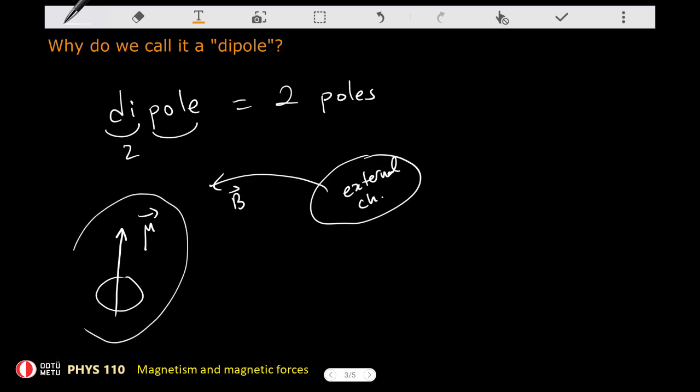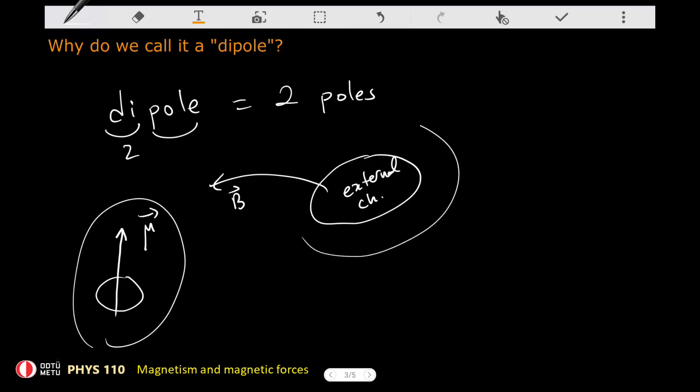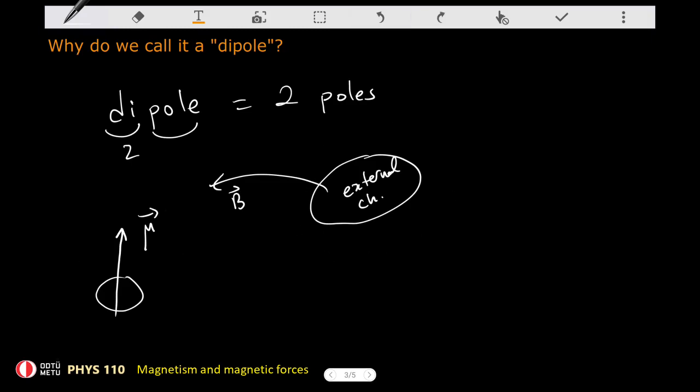We introduced the magnetic dipole moment to describe the interaction of this system with the magnetic field. But that essentially implies that this system actually interacts with these external charges, right? So it's actually an interaction between two moving charges. But of course, these moving charges are not simple. They are complicated current distributions.